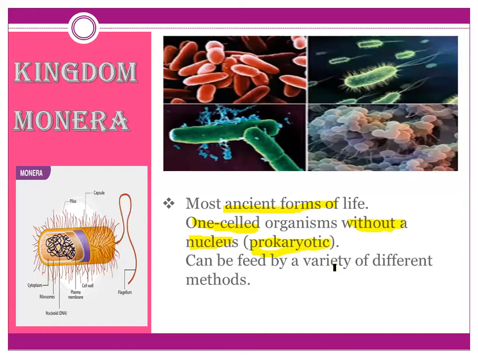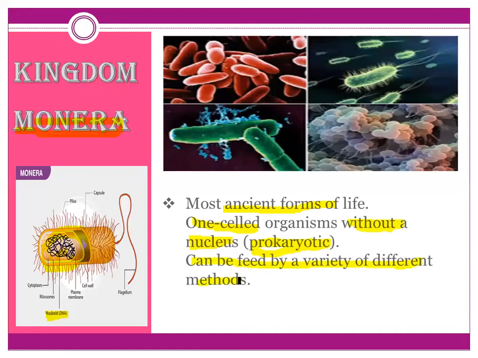Here you have a picture of the Monera species. Look here. You have DNA present inside the cell, but you will not see any proper nucleus here. So all the living organisms that belong to kingdom Monera do not have a proper nucleus. The second thing is that they can be fed by a variety of different methods.